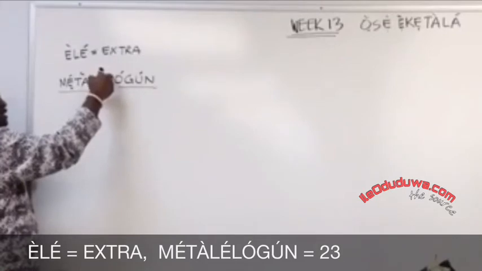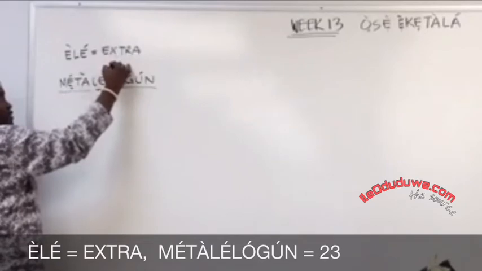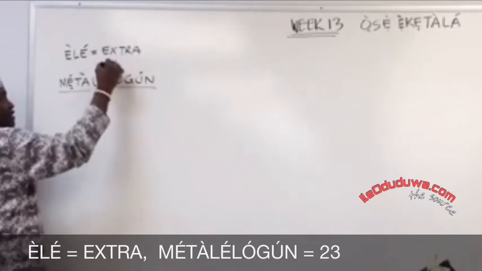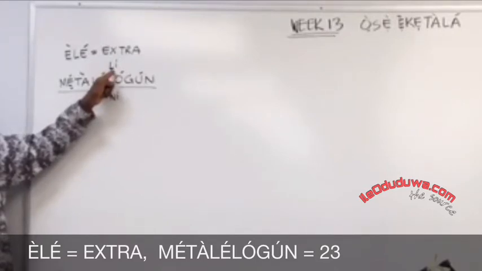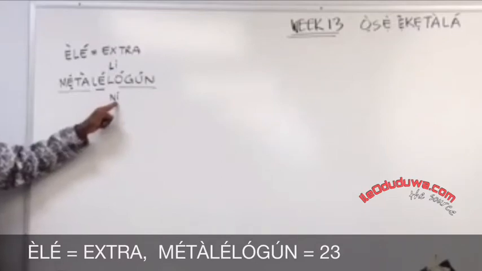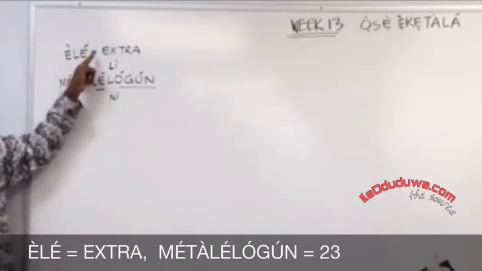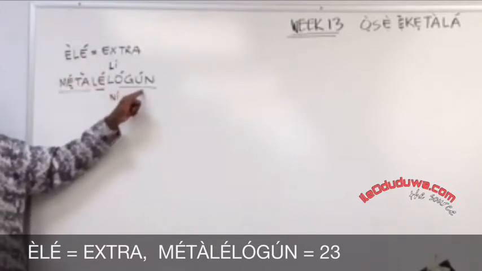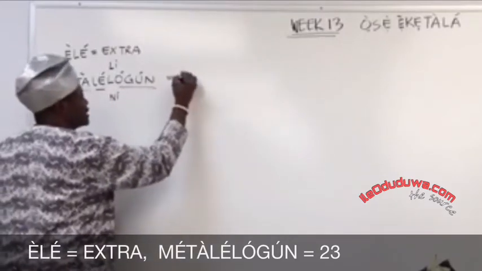And li, this one, the I is supposed to be there but removed. So we say li, right? Which is still used in the old Yoruba Bible, the first Yoruba Bible written. And this ni is commonly used by Yorubas everywhere. Meta is 3, le is extra, ogun is 20. So this is 23.